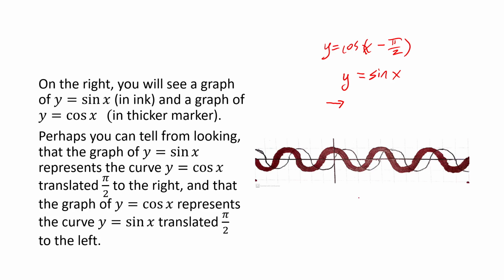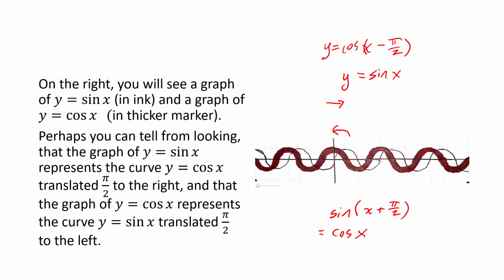If we take the thinner inked curve and we translate it pi over 2 radians to the left, we're going to land on the thicker curve. So if we take sine x and translate it pi over 2 units to the left, we're going to end up on the curve cos x.